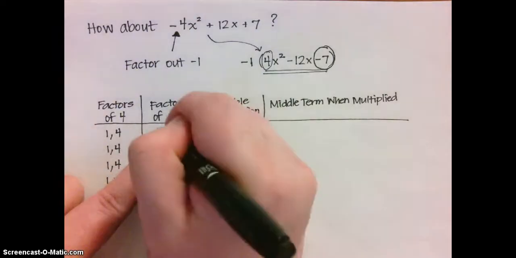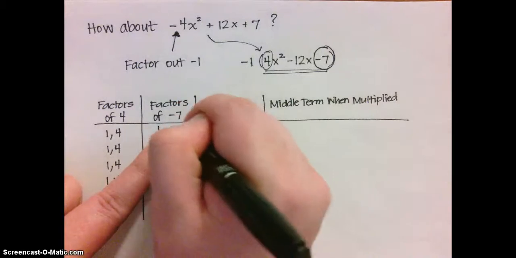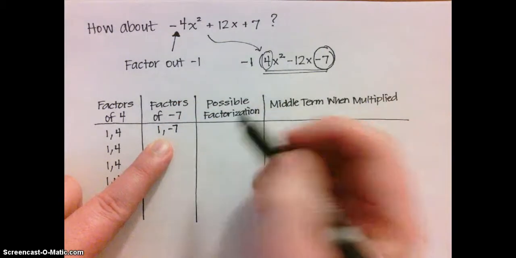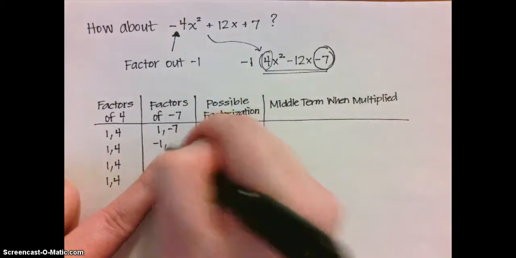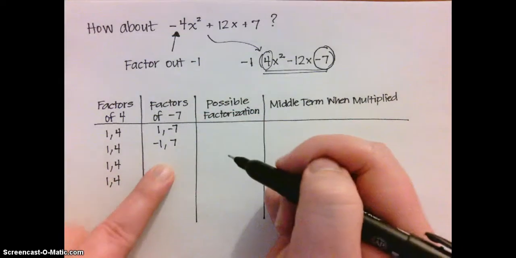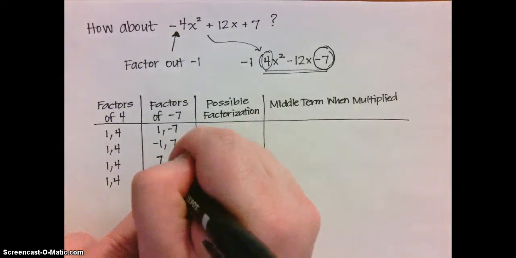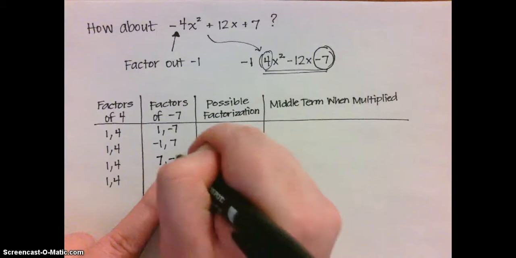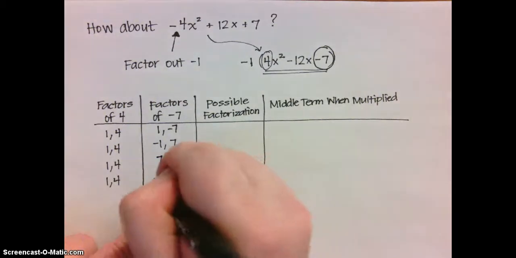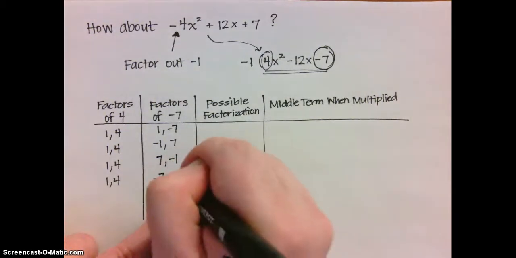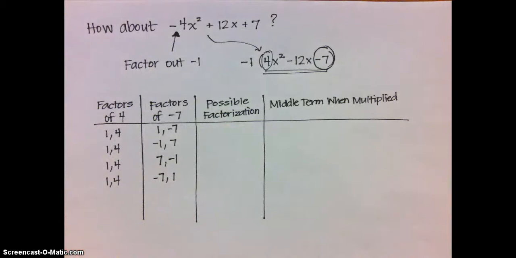I can have +1 times -7. That'll give me -7. Or I can have -1 times +7. Okay, but order matters, so I'm going to put the 7 first. 7 times -1 will give me -7, but also -7 times +1. All right.